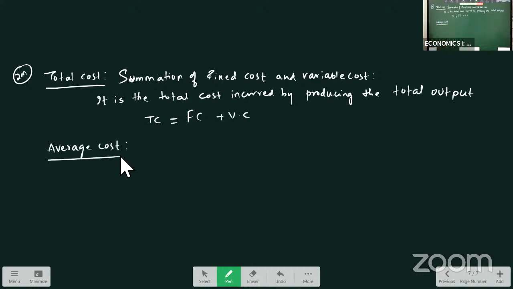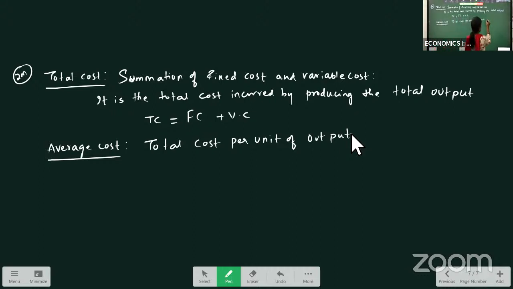Average cost is the sum of average variable cost and average fixed cost, or we can write it as total cost per unit of output.